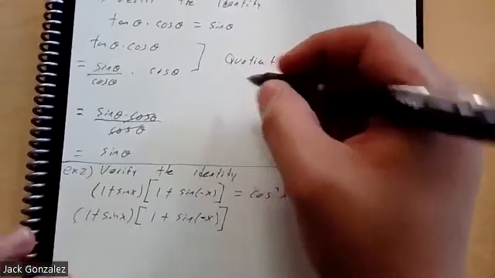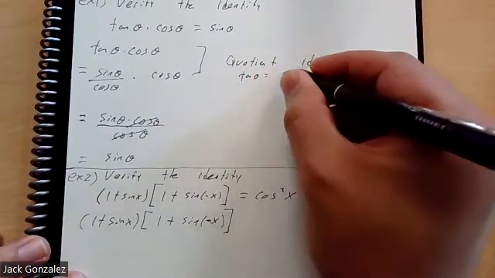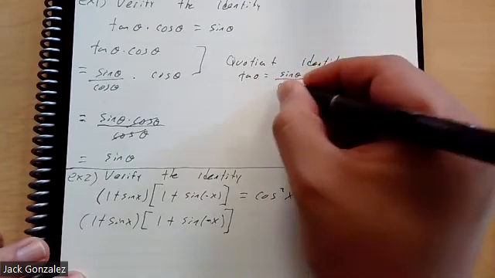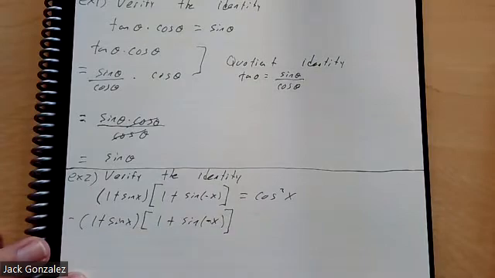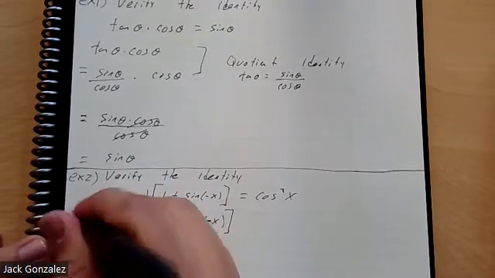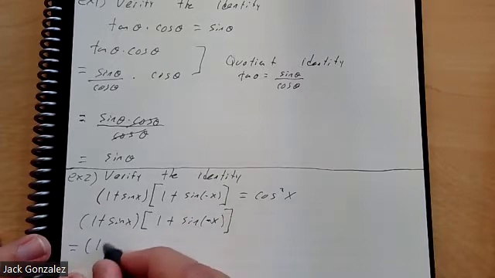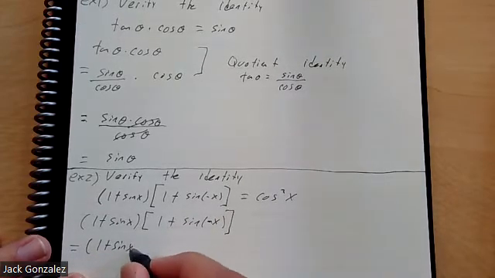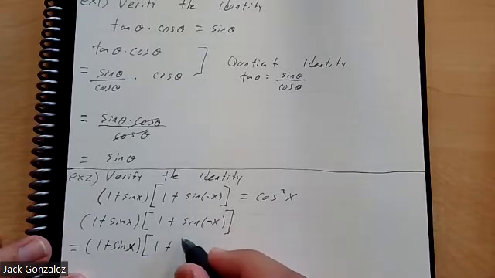I'm making a little note here too. Tangent theta is sine over cosine. So 1 plus a negative sine x.